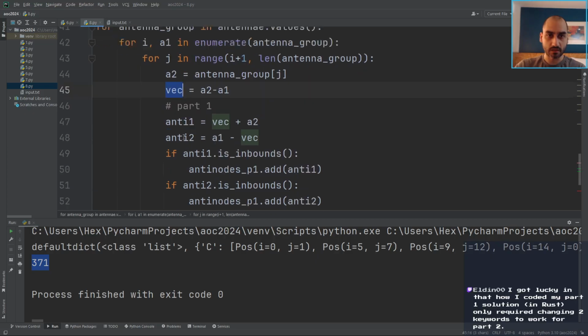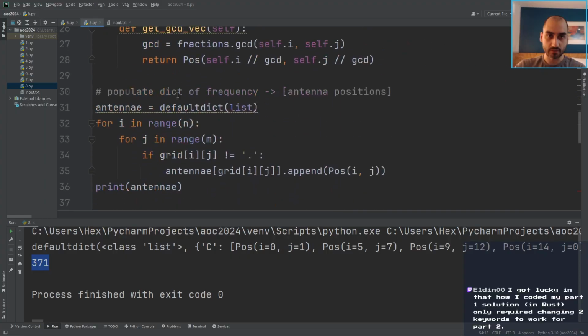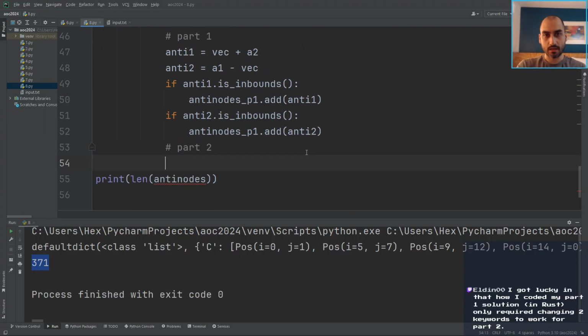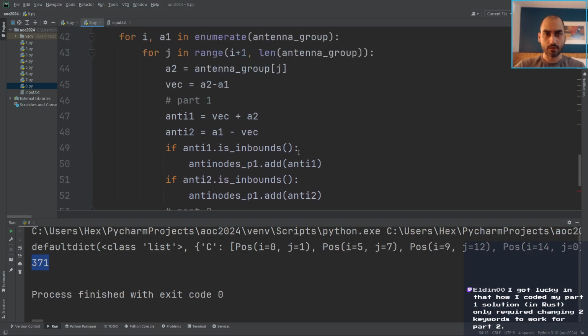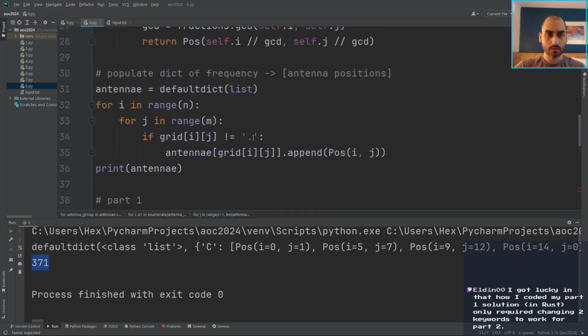I mean, with vec, I could pretty much do the next bit with a one-liner, I'm not going to, but it would just have to include that baked into the logic. So we'll say GCD vec equals vec dot, what did I call it?